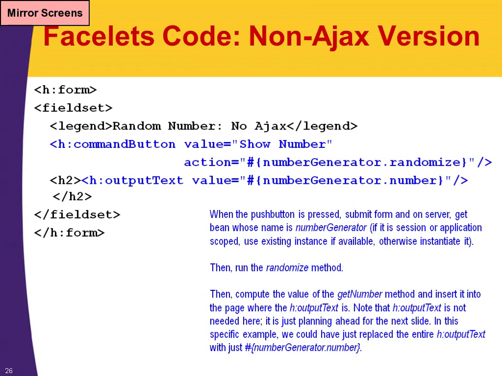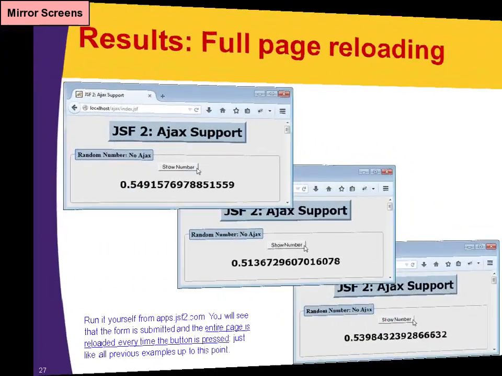Click the button, submit the form, the server does the update, it calls randomize, and then when it returns, it's going to send back the value of the number property, or that method, whatever it happens to be, okay? So that's the standard way things have been working.